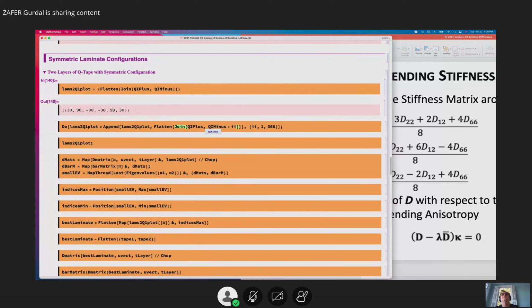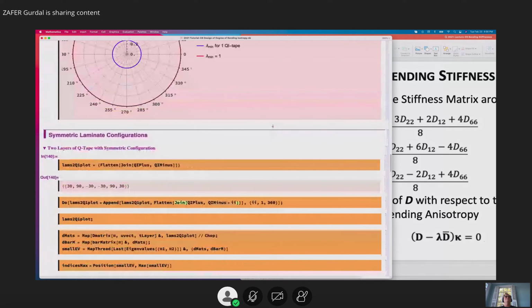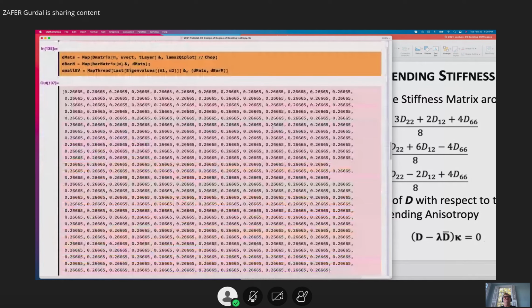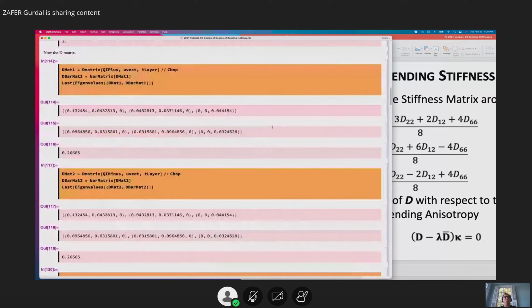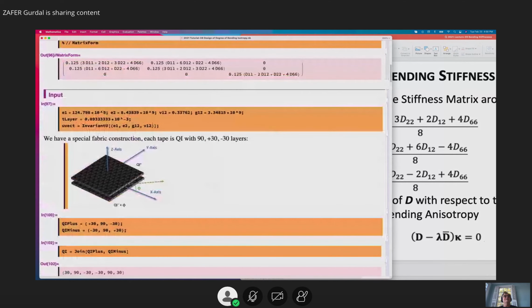minus, but I'm going to rotate QI minus by a small angle. So what I'm doing basically, if you remember the figure above, QI plus is the layer on top, QI minus is the layer at the bottom.